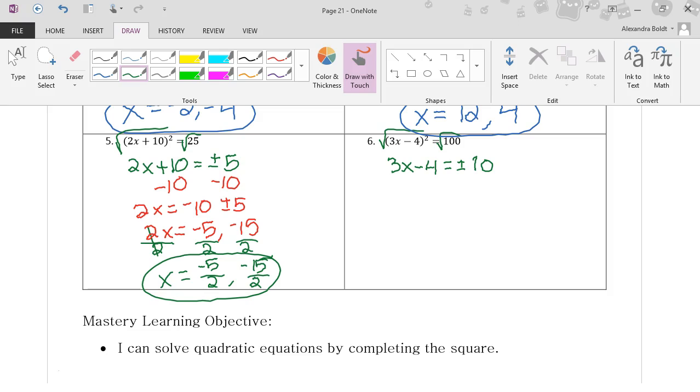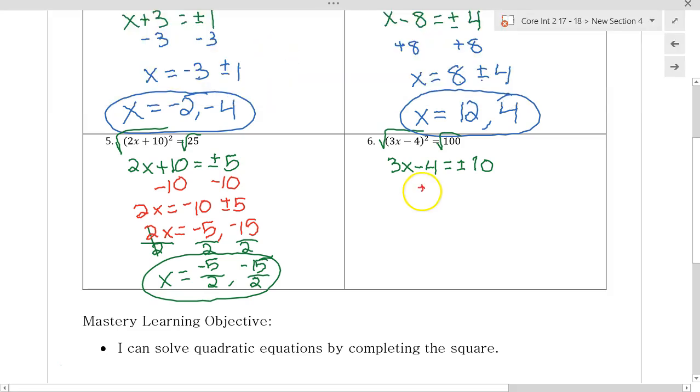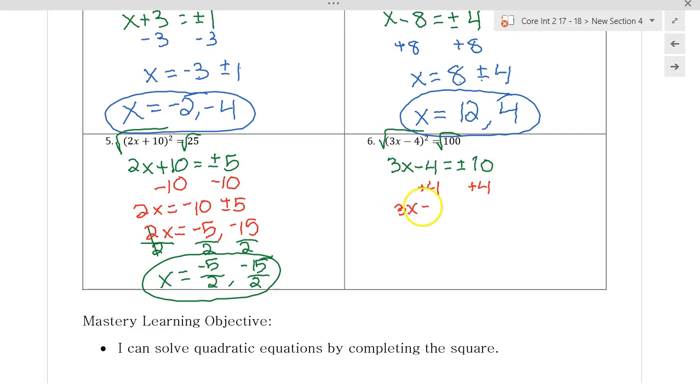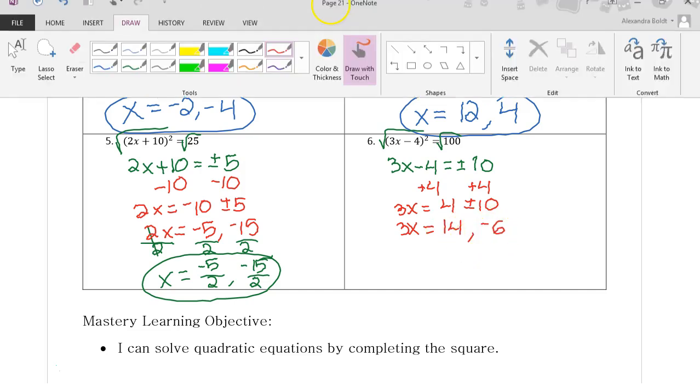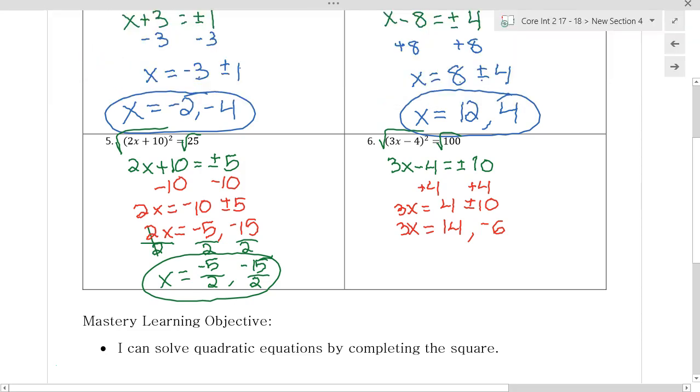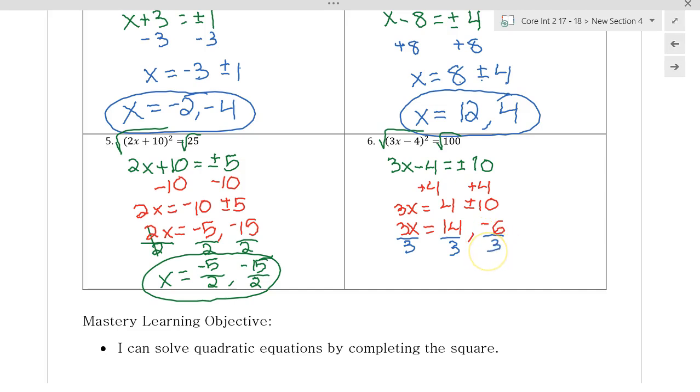Again, always start by doing the opposite. 4 is being subtracted, so I'm going to add 4 to both sides. 3x equals 4 plus or minus 10. Okay. So 3x equals 4 plus 10 is 14. 4 minus 10 is negative 6. Then I need to divide everything by 3, again, getting x by itself.